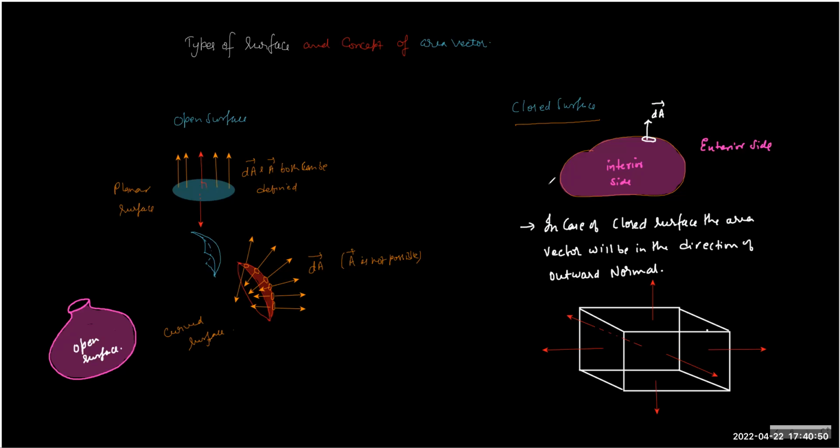Yes, sir. Now, if it is a cuboid, then we have six surfaces, and you can see the left surface will have the left area vector, but the right will have the right. So they don't have the same area vector. They are opposite in direction.